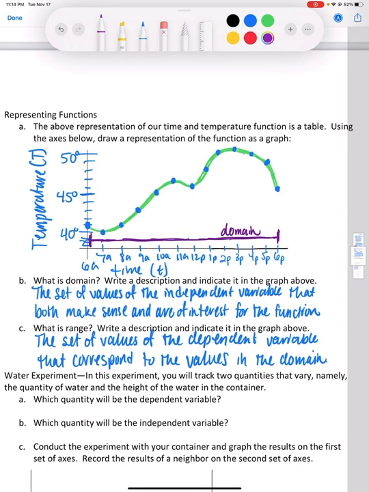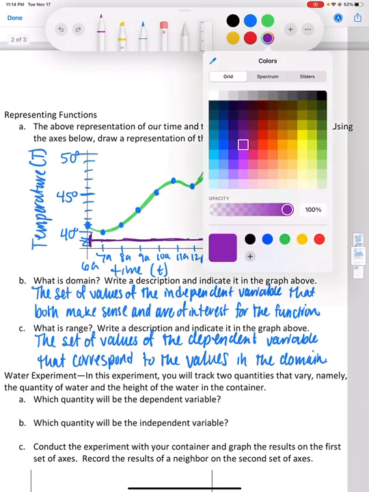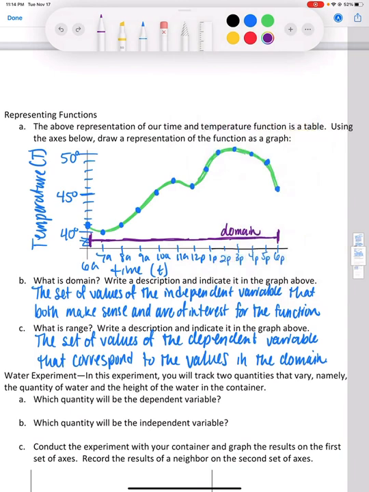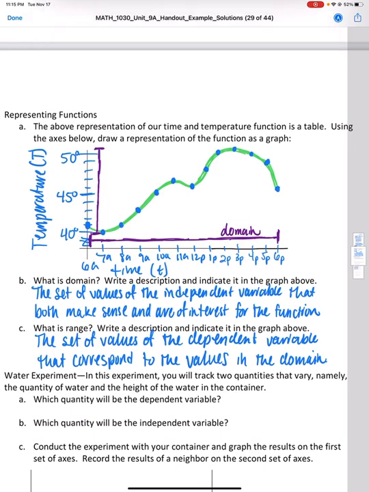Now the lowest value is 40 degrees. So we can draw a little thing here, going up to the highest value, which is 51 degrees. This is the range.